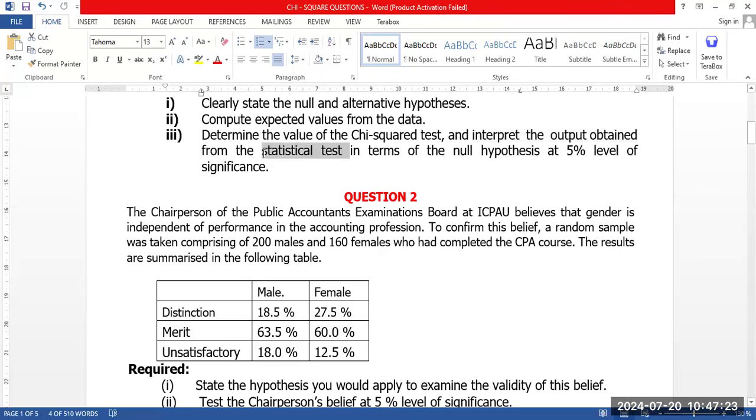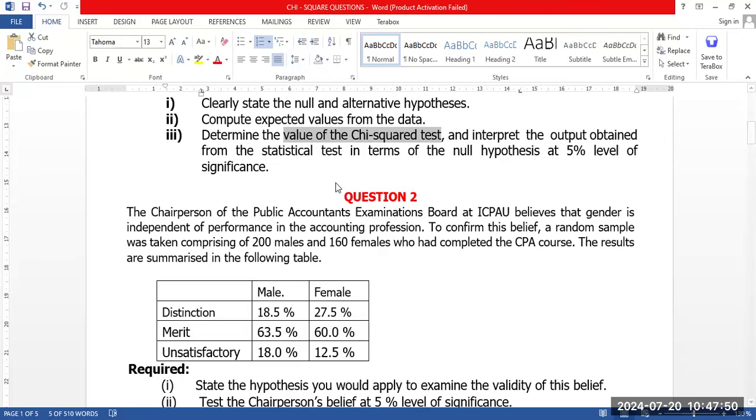The output you're obtaining is the value from the table. So you are going to interpret that by comparing it with the computed value. So let's first get the value of the chi-squared test, or the computed value.